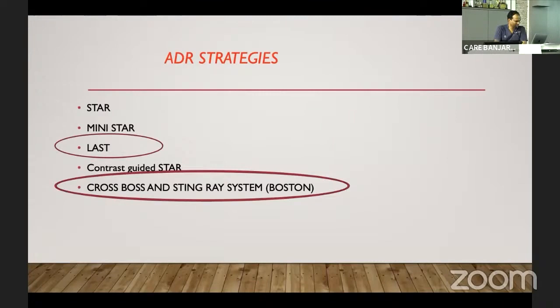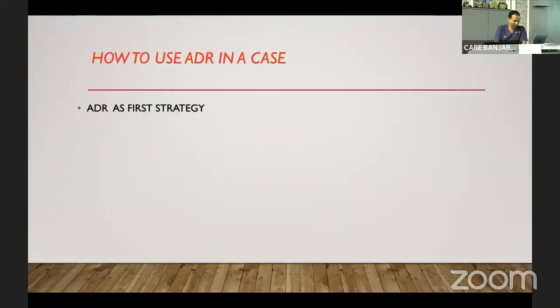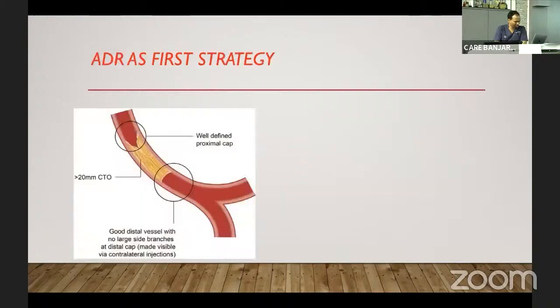Even last we are not using, we use in few cases, but mostly it is the Stingray re-entry, because that causes less anatomical distortion and less intramural hematoma and high success of distal re-entry. It can be used as a first strategy or after a failed initial strategy.